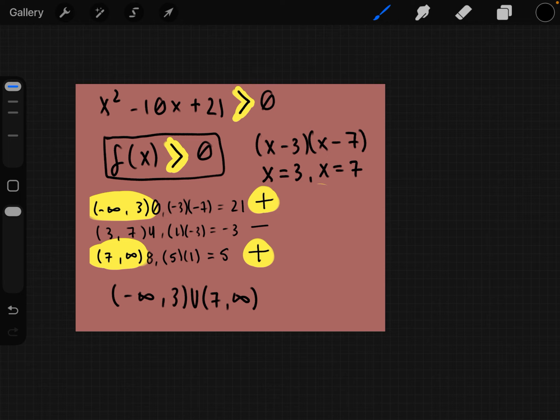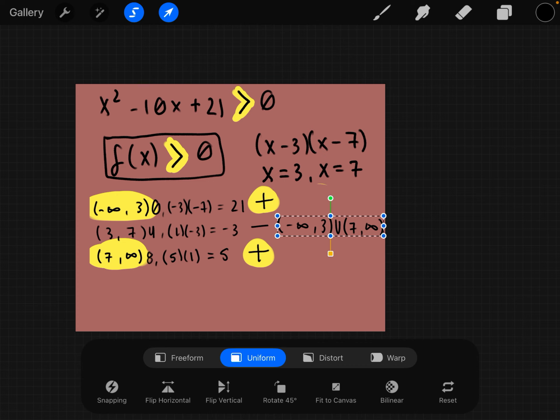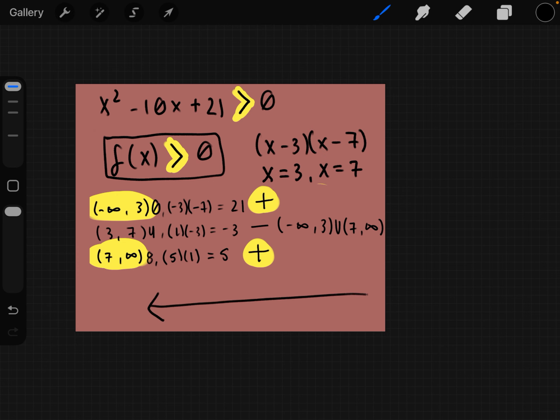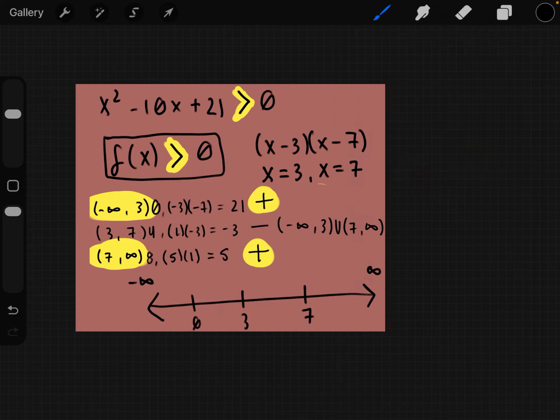And then on a number line, that would look like, let's put 0 over here, 3, 7. Okay, negative infinity to 3, and it's parentheses, and then 7 to infinity.